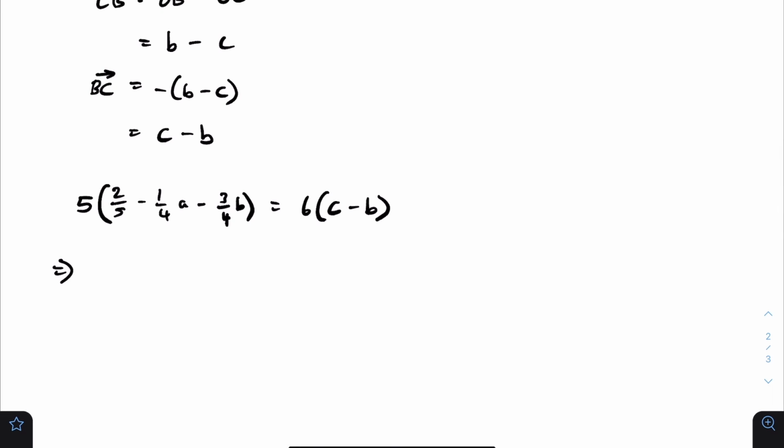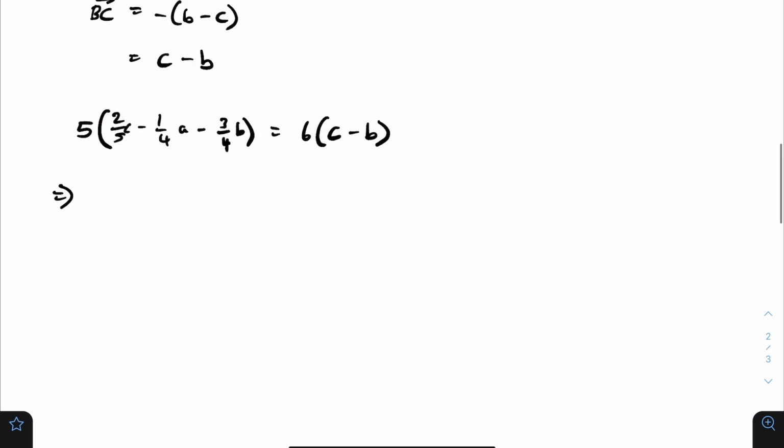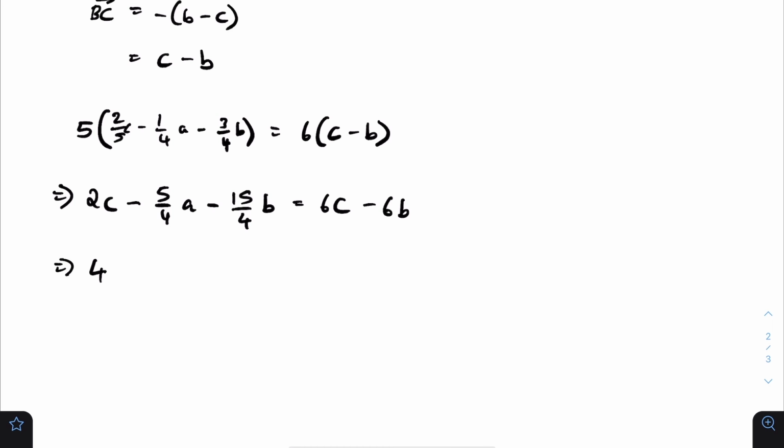And if we expand this, we get 2C minus 5/4 A minus 15/4 B is equal to 6C minus 6B. And if we rearrange, we get 4C is equal to negative 5/4 A minus 15/4 B plus 6B.